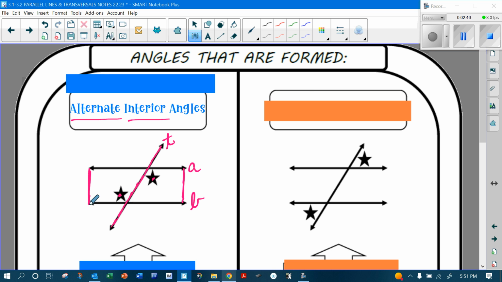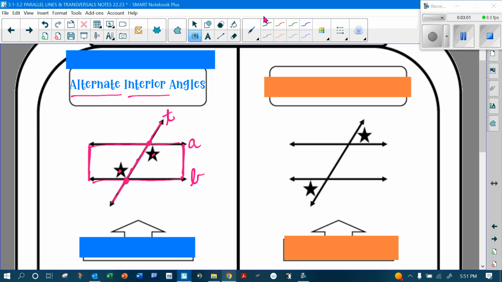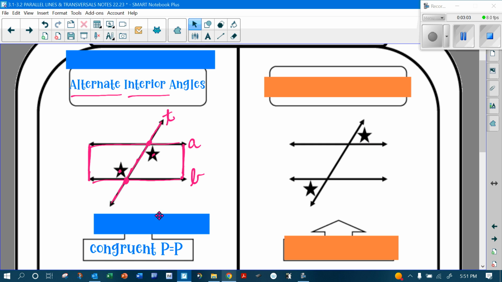Interior meaning they're inside the neighborhood, okay? So if you live on this street right here, your friend is up here on this street, the bus picks you up here, the bus picks them up here. And the cool thing about these two angles is they will always be congruent to each other. They'll always be equal. So part equals part.